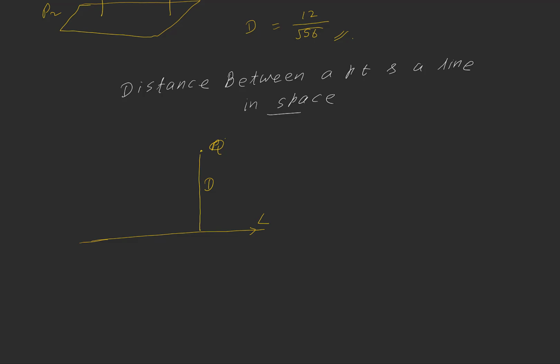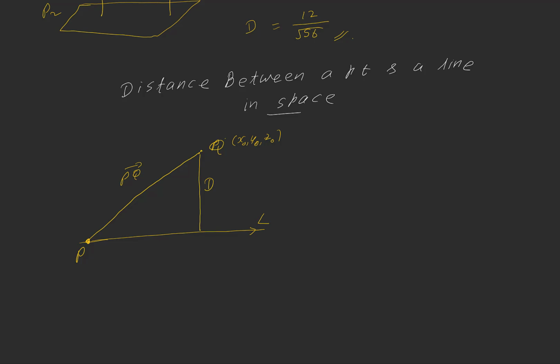When we know the equation of the line, we can find a point. So I say that is P. Then we can find the vector PQ. We know this point Q, so I say that is x naught, y naught, z naught. So then how do we find the d?